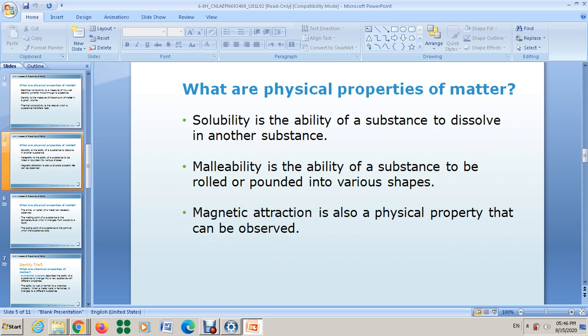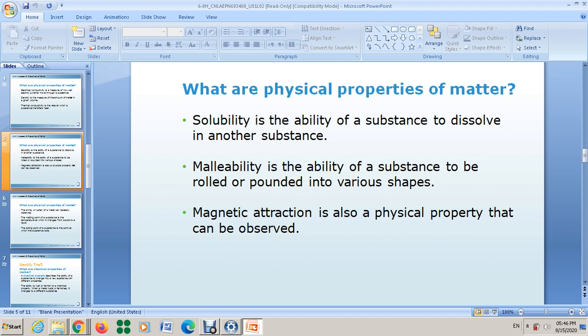The other thing, magnetic attraction, which means this property can be observed. For example, if you have a magnet, iron will be attracted to the magnet. But aluminum will not be attracted to the magnet. So here I can observe if these pieces are attracted to a magnet or not.